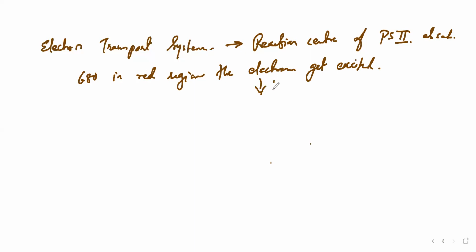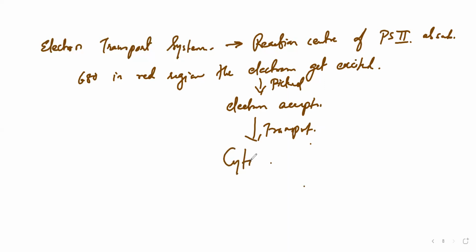Then they are transported through this electron transport system, which is called the cytochromes. So now the electrons will be passed down this electron transport chain. Then it will go to the PS1. So from the PS2, the electrons are going to the PS1.